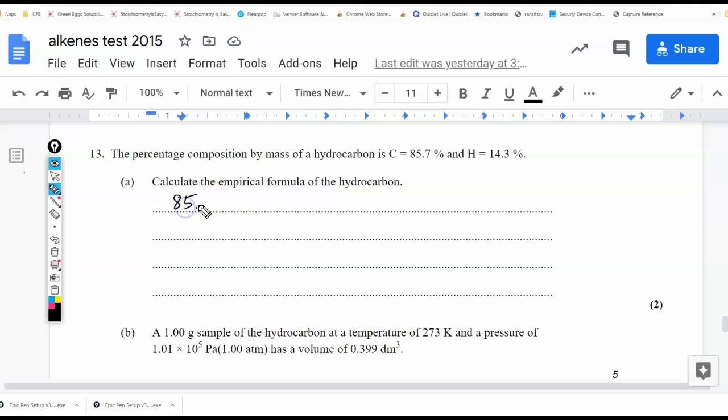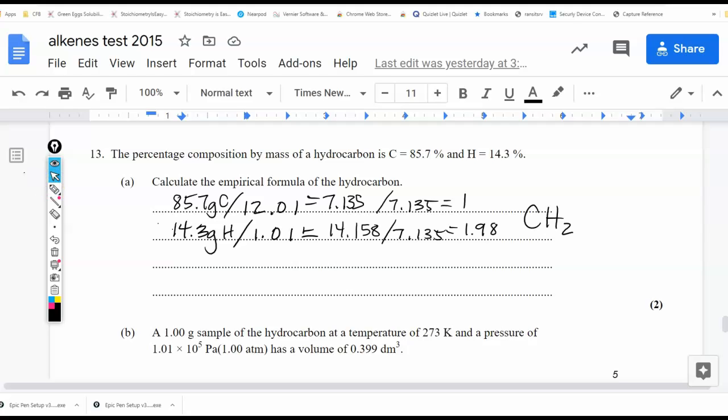So I have 85.7 grams of carbon, and I'm going to divide that by 12.01, and I have 14.3 grams of hydrogen, and I'm going to divide that by 1.01, and I'm going to determine what my moles are. Okay, so what we've just determined is that the empirical formula of the hydrocarbon is CH2. Yay for us, we've been able to determine that is the case, making sure that we divide by the molar mass and then divide by the lowest moles, and we get CH2 from that.